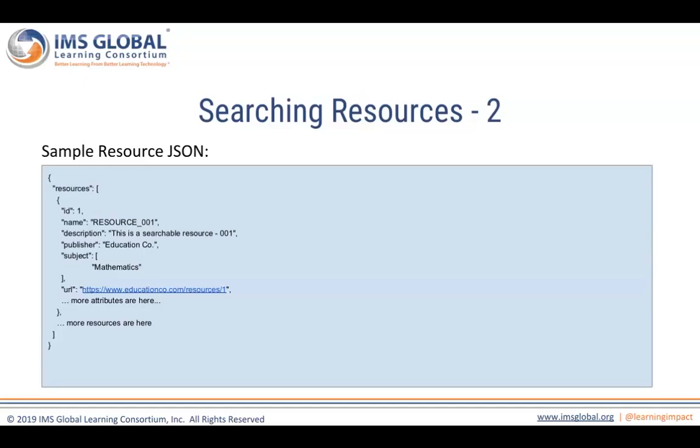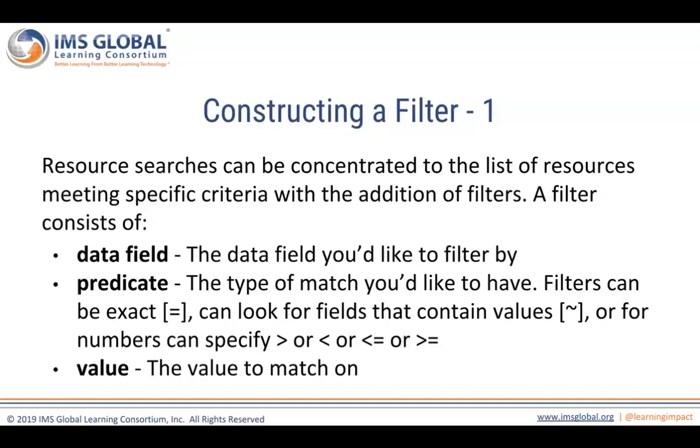But let's be honest, just calling a GET on /resources is probably not how you want to be fetching resources from a resource repository. For that, you're going to need to get into building filters. Filters are the way that we run searches on a resource repository.